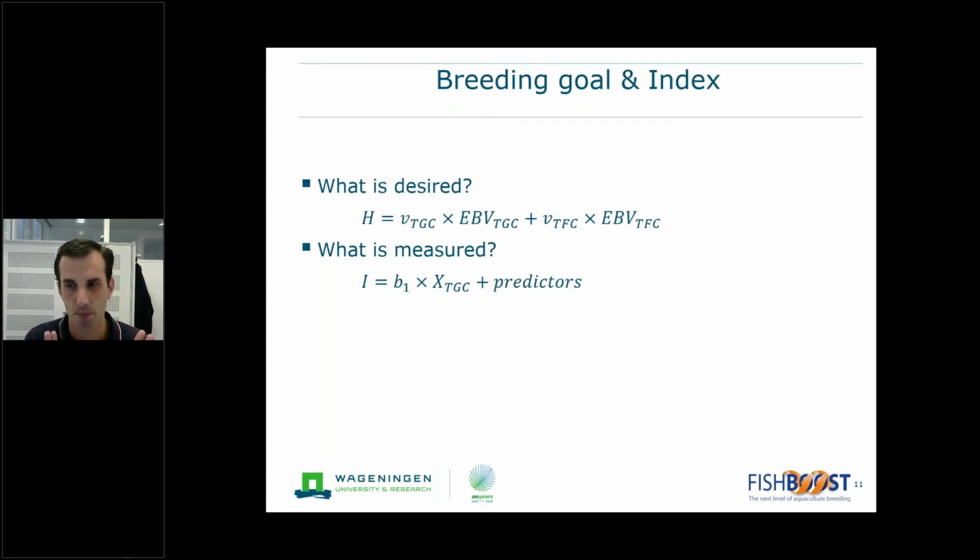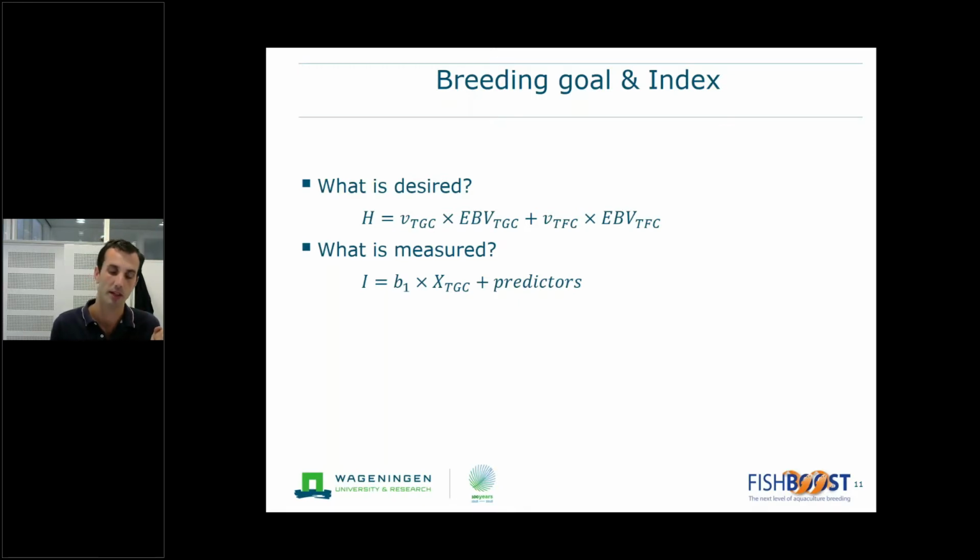But this is not the optimum approach to maximize economic gain. I think the breeding goal should include those traits for which genetic improvement is desired. And these are the traits that affect farm profit. So in this case, the traits that belong in the breeding goal are thermal growth coefficient and thermal feed intake coefficient. And the emphasis on both traits should be determined by the economic values in order to maximize the economic response to selection.